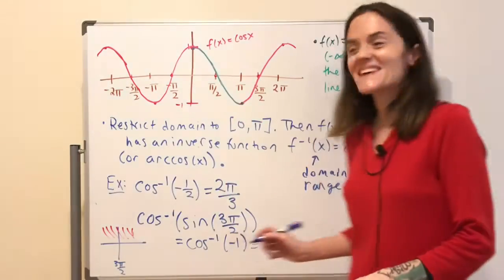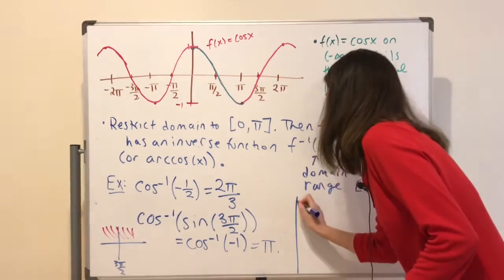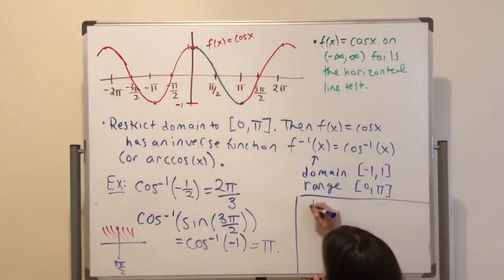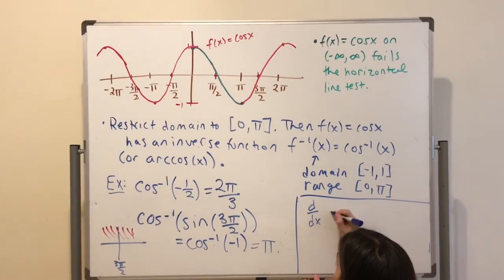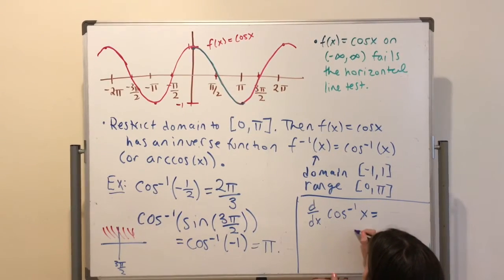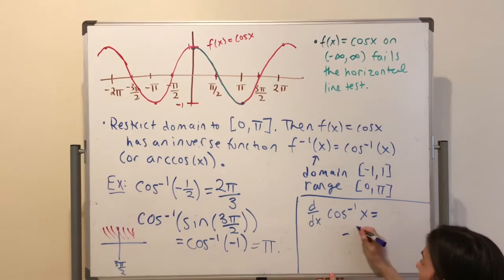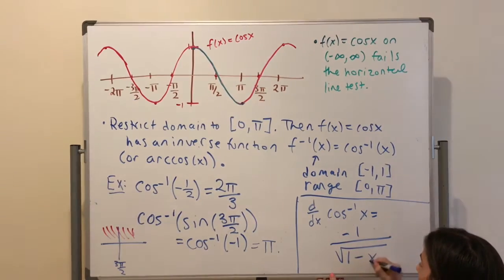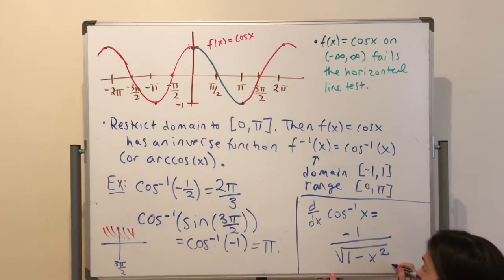And now in this box down here, I'll mention the derivative. The derivative of the cosine inverse of x is -1 over square root 1 minus x squared.